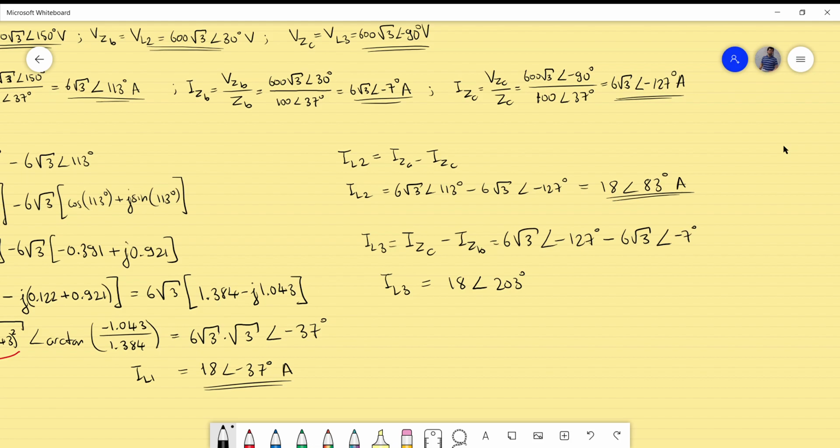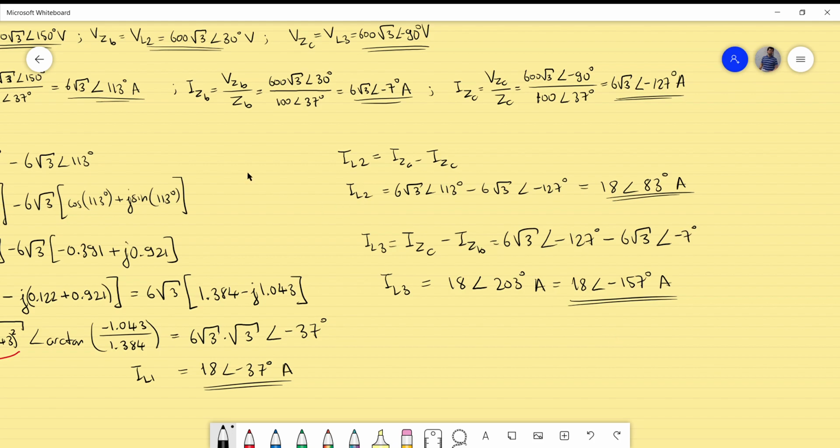Of course you can convert this to a minus sign by subtracting 360 degrees, and you will have exactly 18 amperes and minus 157 degrees. It has exactly the same meaning. Okay, that's actually for the line currents.